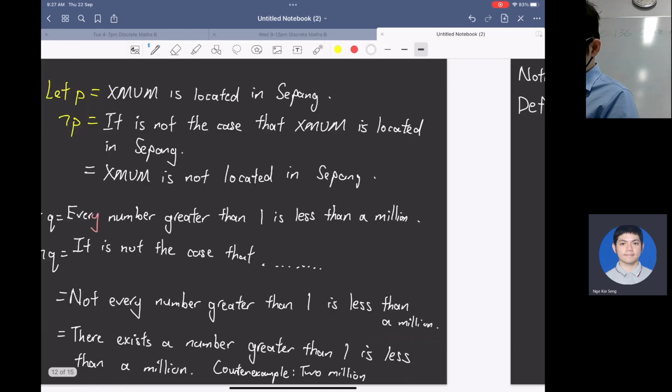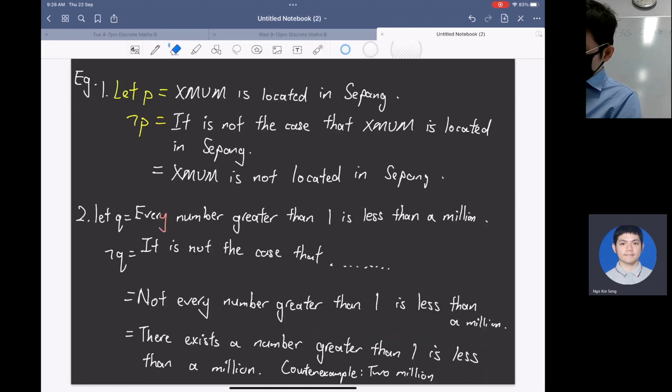You should observe that if this is true, then this should be false. If Summer University is located in Japan, then not P is false. And if this is false, then this should be true, as we already found with this example, this number.